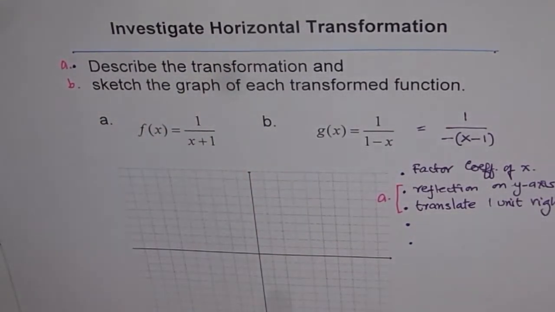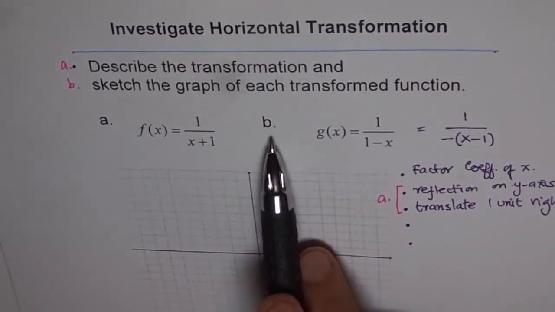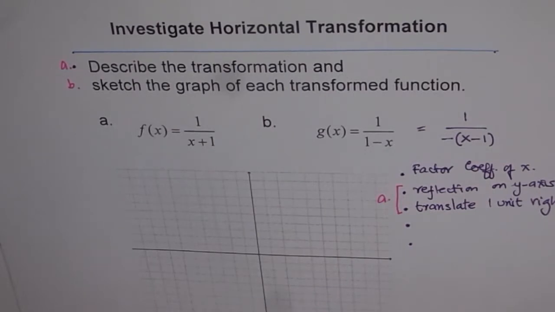Now we need to sketch the graph of each transformed function, and at present I am doing B and leaving A for you. When you want to sketch the graph of a reciprocal function, reciprocal functions have unique things, and two unique things are vertical and horizontal asymptotes.